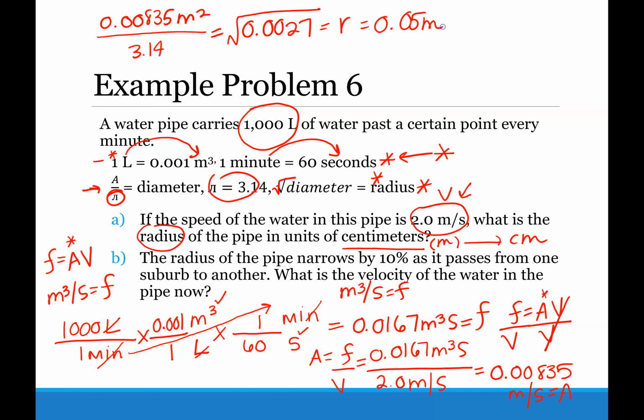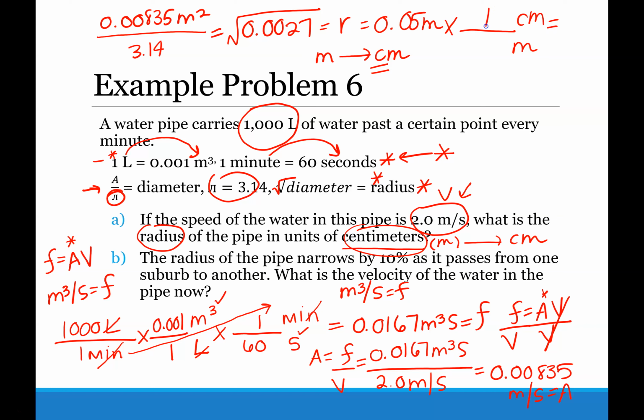0.05 meters. But yet we're still not done with this problem, because they asked us for the radius in units of centimeters. So we're going from meters to centimeters. Meters is a base unit. Centimeters is something with a prefix. So this is going to be a one-step conversion. So draw our multiplication symbol, draw our division bar, bring meters down, and centimeters goes on top.